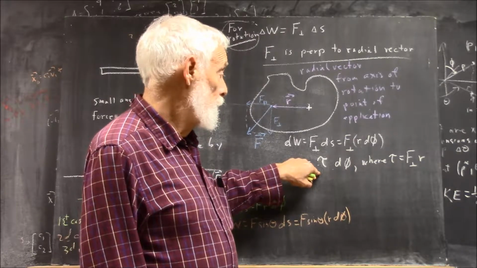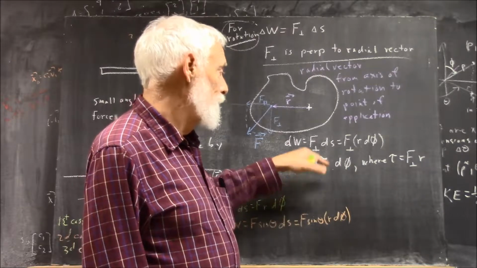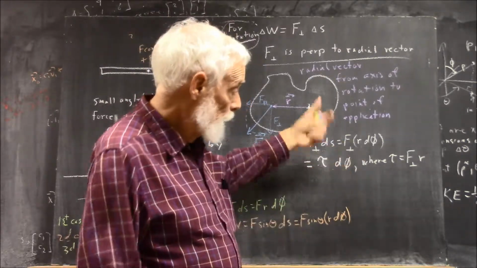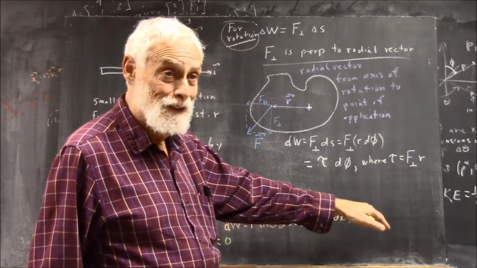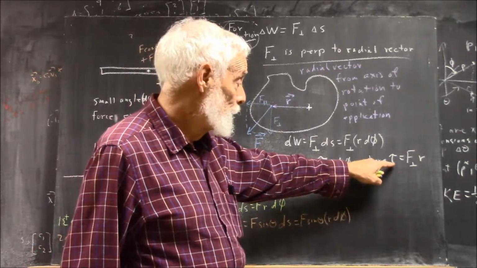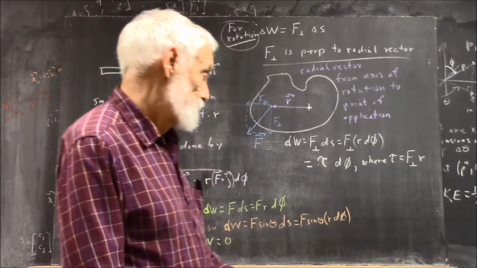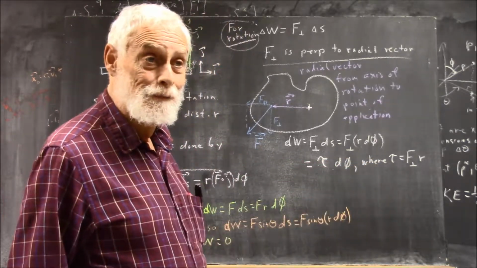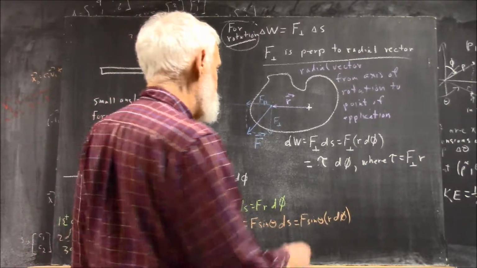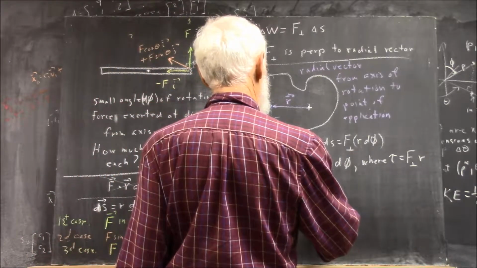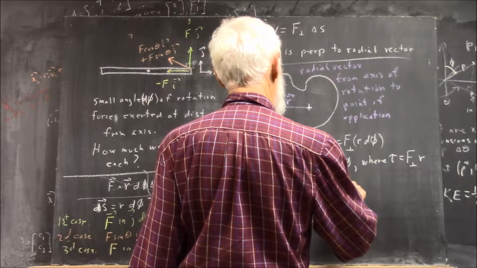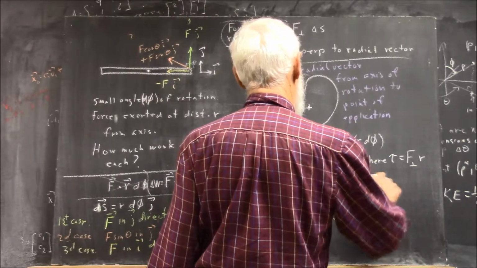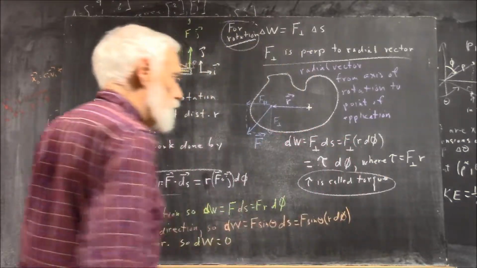So whatever you do, it's not T, it's tau. It's a fancy little T type thing. And this is called, anybody know what that's called? Called torque.